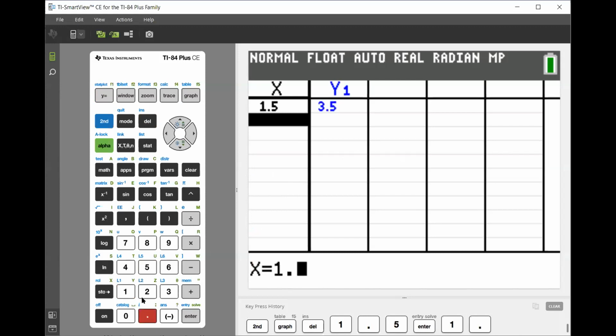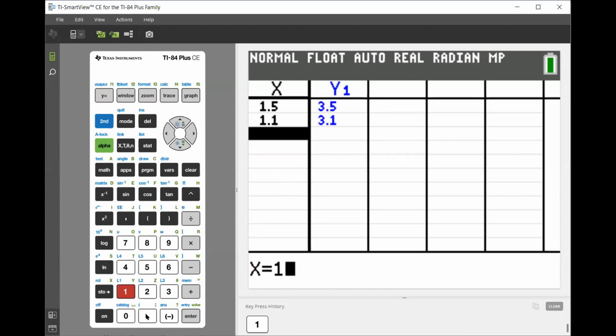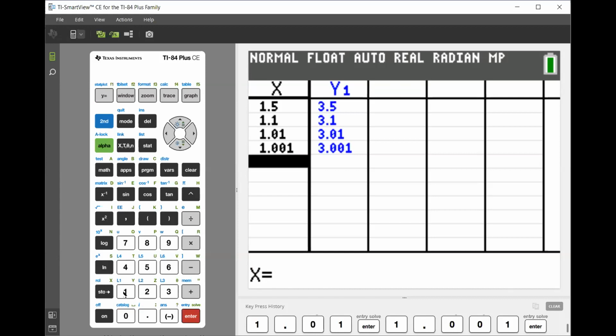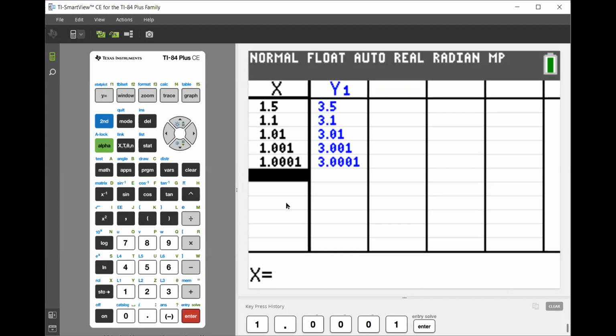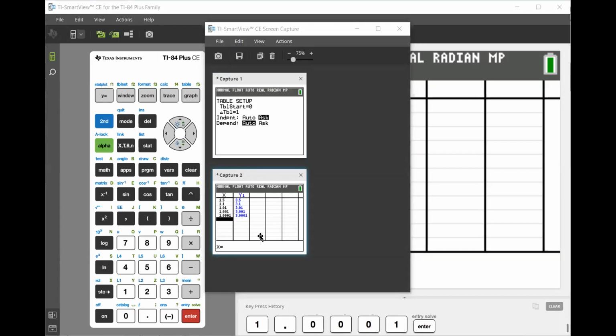I want to get in a little closer, so I'm going to go to 1.1. All right, what's closer than 1.1 would be 1.01. And then 1.001, and so on. You could do this as long as you want, just putting in an extra 0 in there. And if you look at the y values, hopefully you're pretty convinced that y is getting close to 3 from the left. All right, pop that screen.